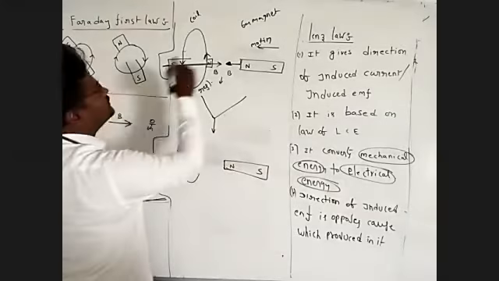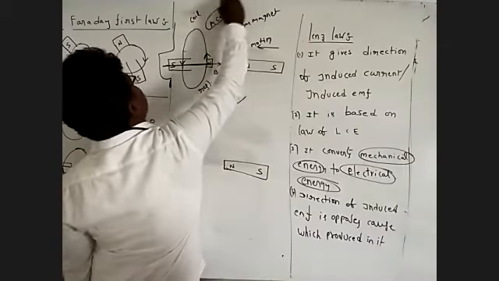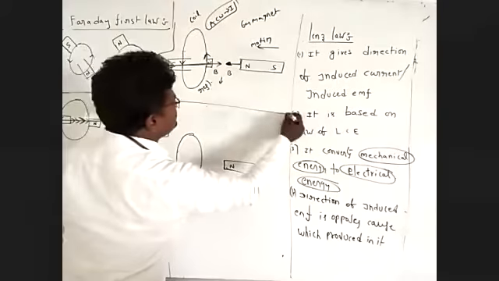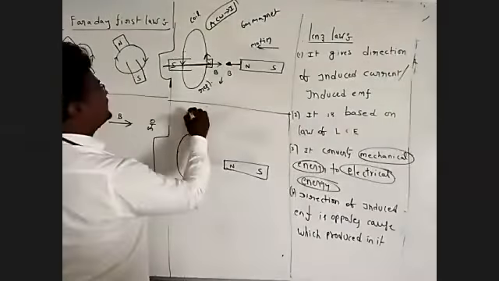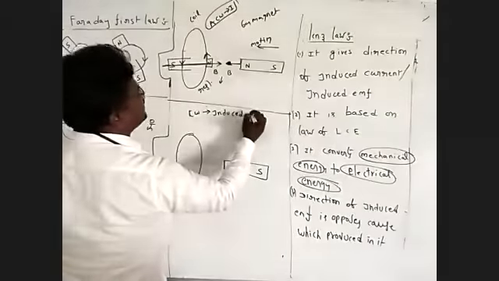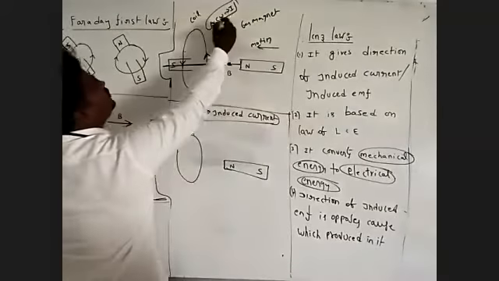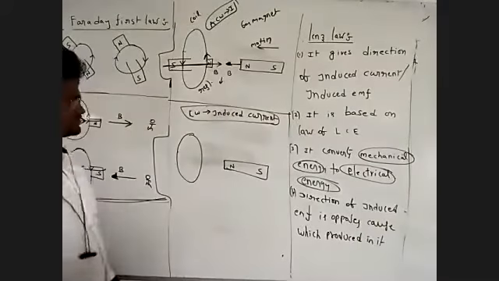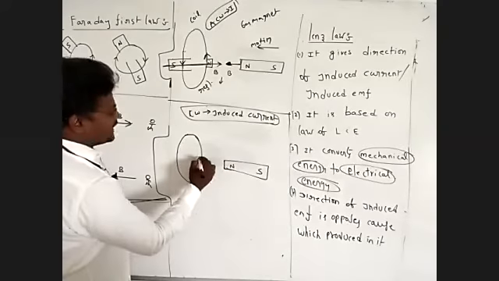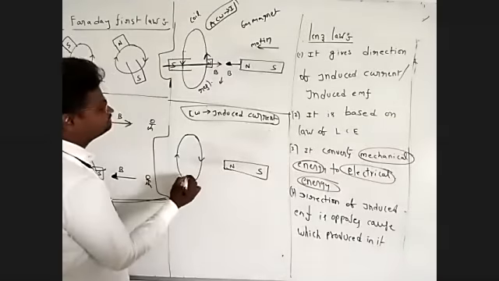Suppose the current may be anti-clockwise here, but in this situation the current may be in the clockwise direction. Induced current is clockwise. Here I am taking the clockwise direction. The ring carries current in a clockwise direction.